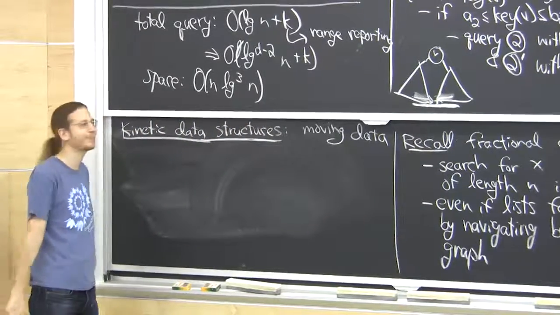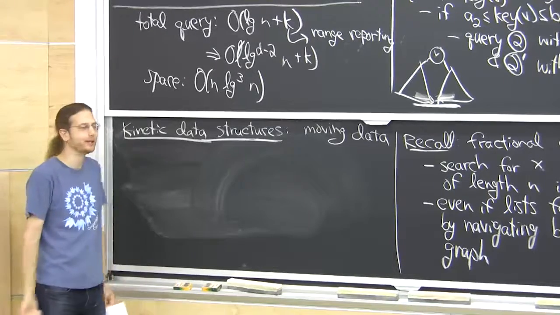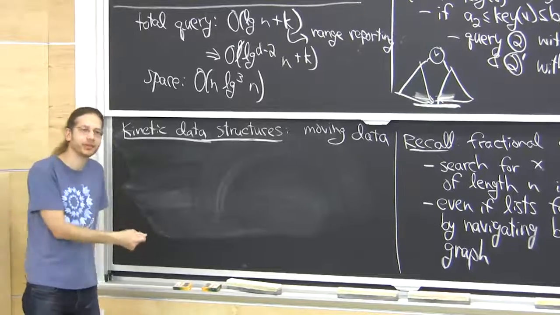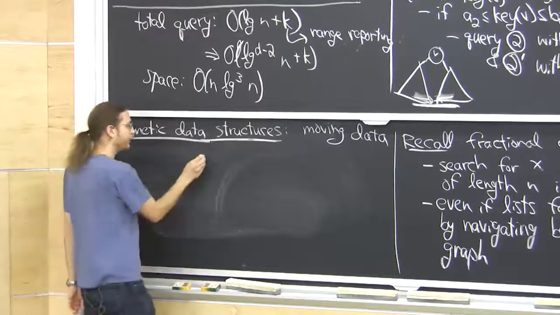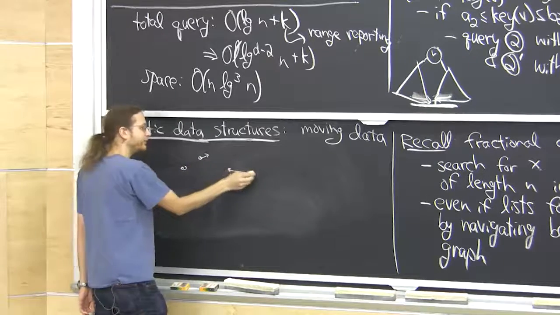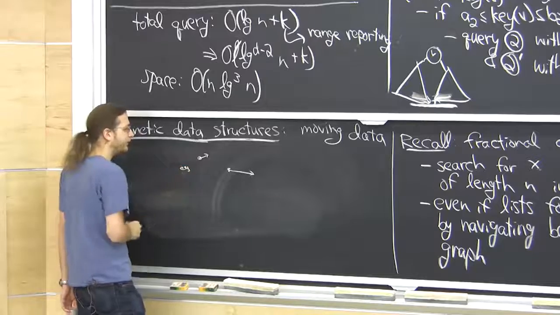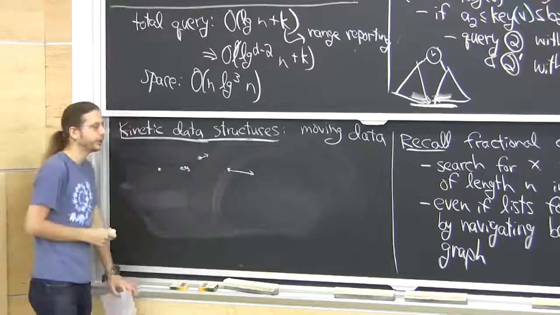Deal with it. Normally, we're thinking of data that at best is dynamic, meaning we can delete something and then reinsert it. But what if everything is constantly changing? Say I've got some points in my data structure, but now they also have velocities. Maybe some guy's just sitting there stationary, but some of them are moving relative to it.